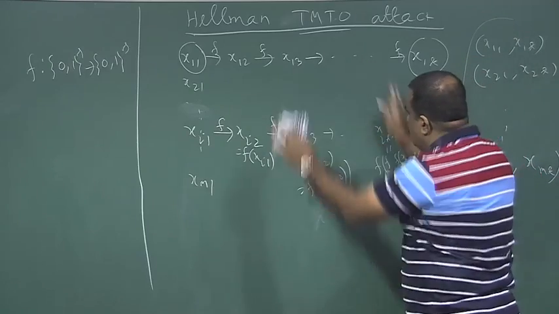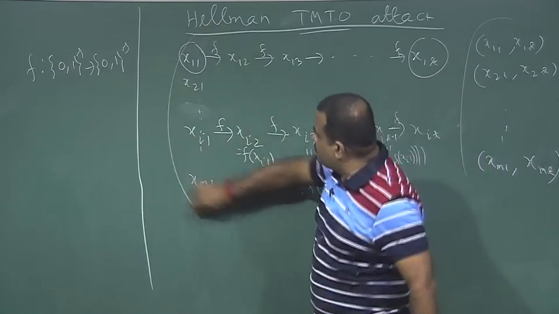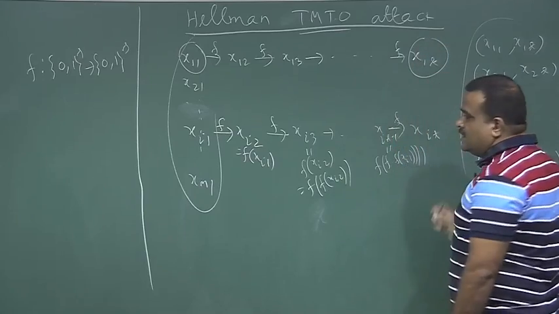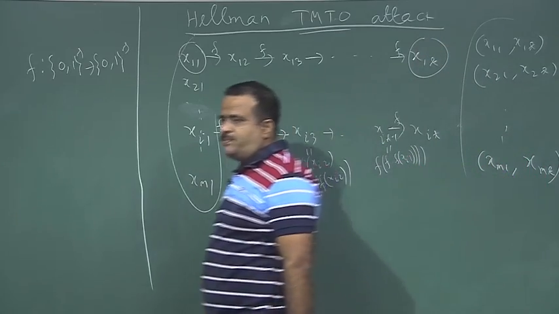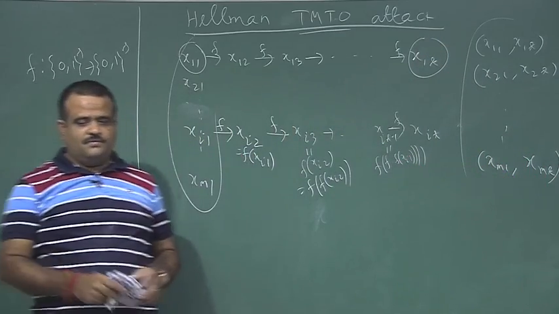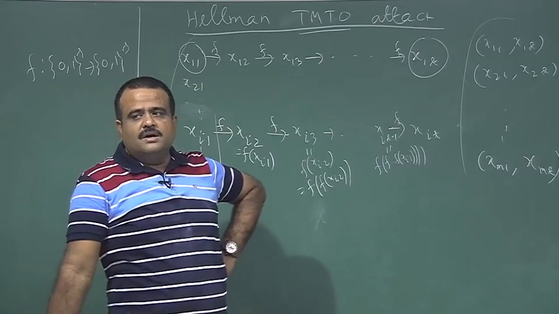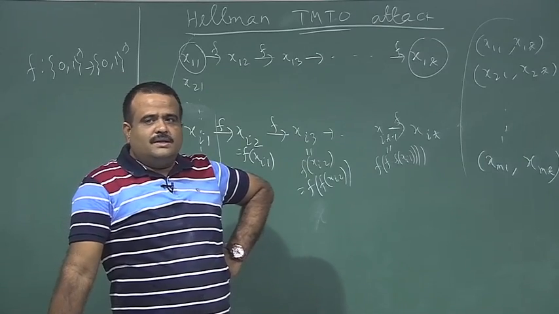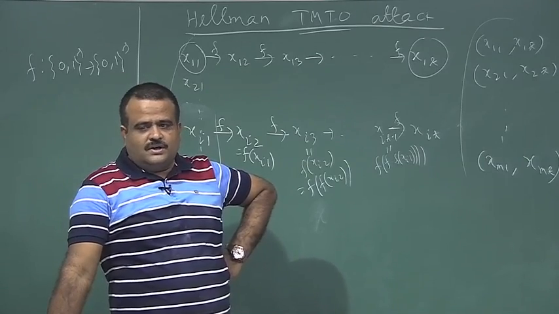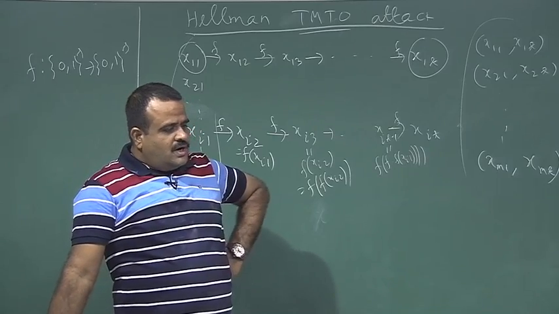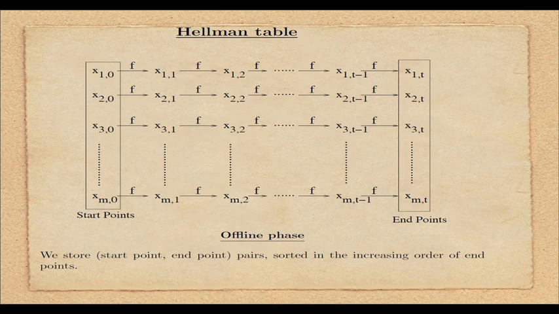So, we are not storing the whole table, we are only storing the start point and end point pair, in the sorted order of endpoint. So, that search will be faster. If you have sorted order of endpoint storing, then the search will be in logarithmic time. So, we store the start point and endpoint pair in the increasing order of the endpoint, so that we can do the search with a fast binary search.